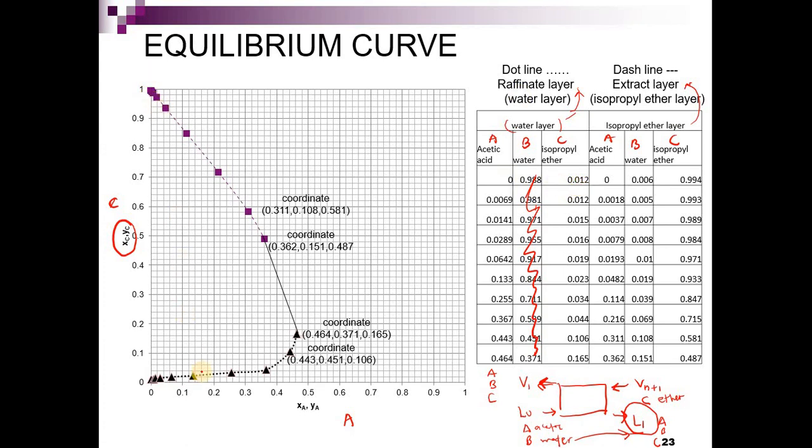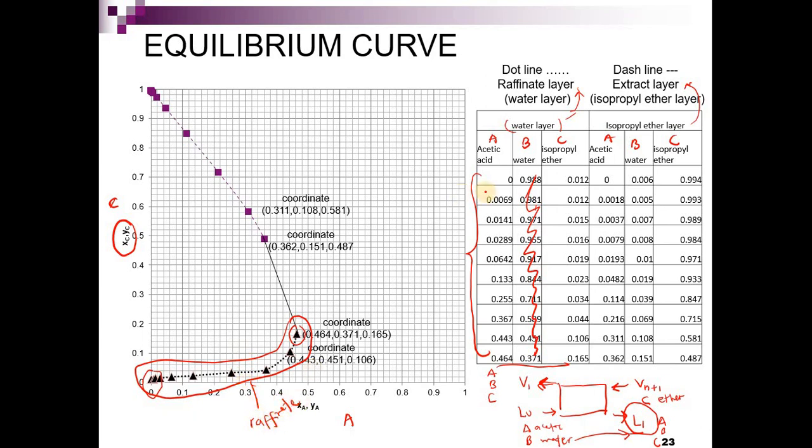So you locate 0.012 here, 0.0 here, until you get 0.464 here, and 0.165 here. Okay, so here is the coordinate for the raffinate layer. This is the coordinate for the raffinate.